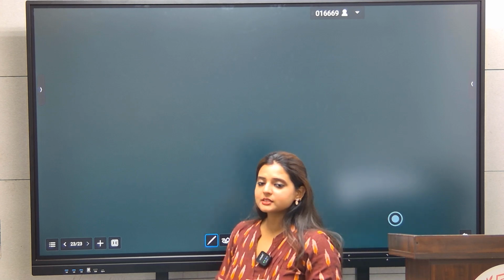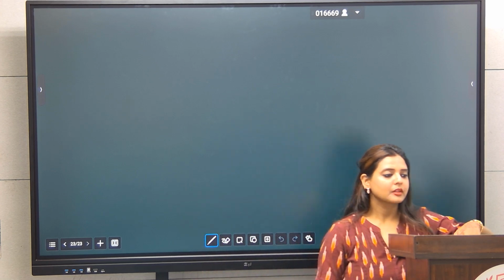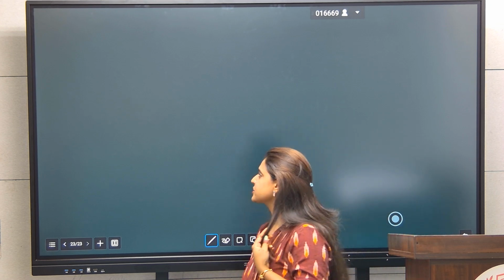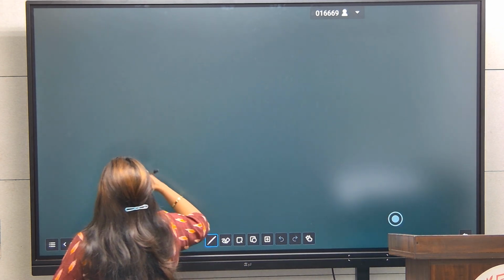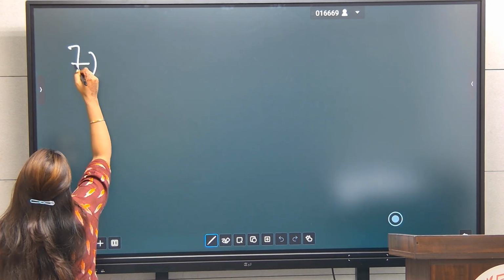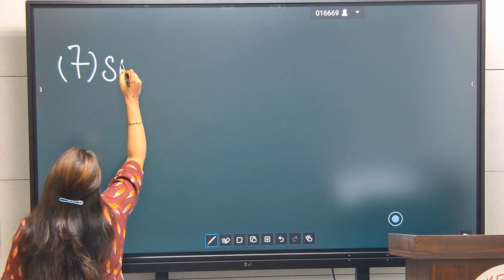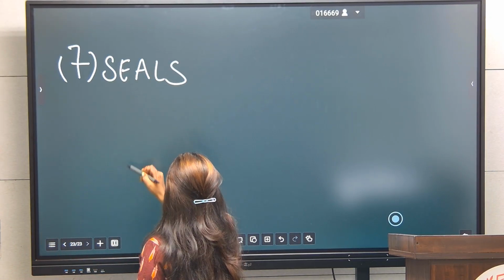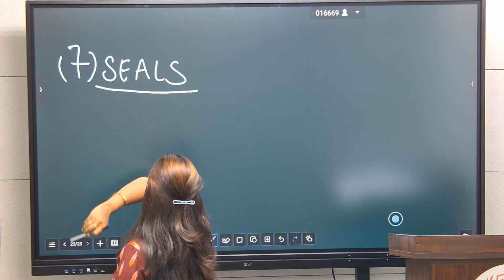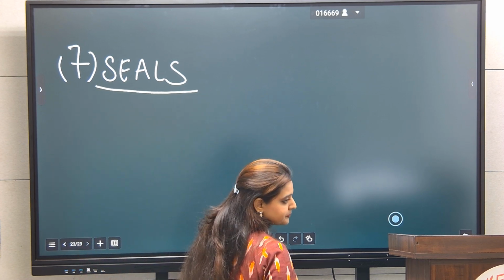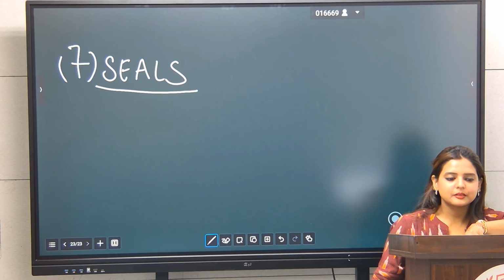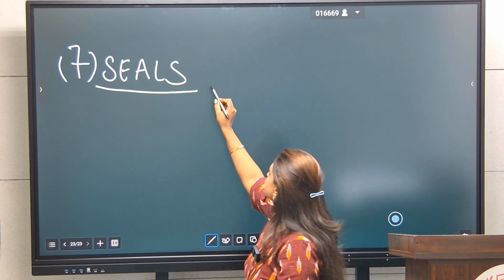Now there were numerous seals, script and weights found in the Harappan civilization. We'll study them in detail. Seals were an important part of the Harappan civilization. What was the purpose of seals?